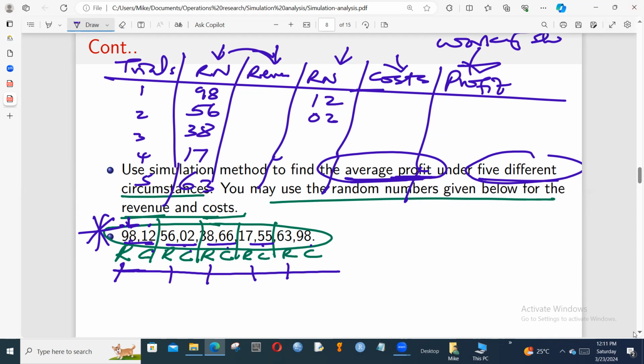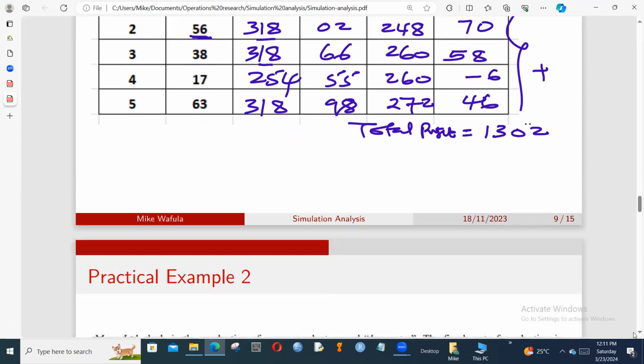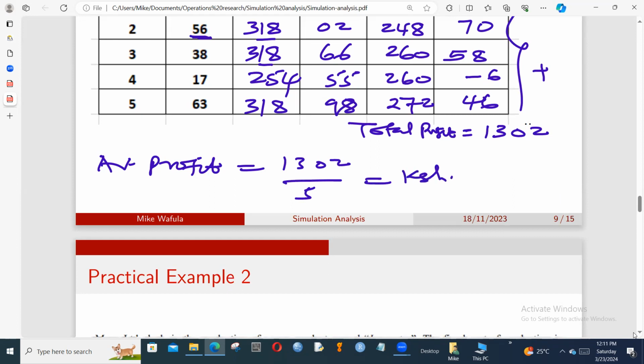So that will be 1302 divided by 5. Average profit. They are talking of million Kenya shillings. So this gives us 260.4. Those are the million Kenyan shillings.